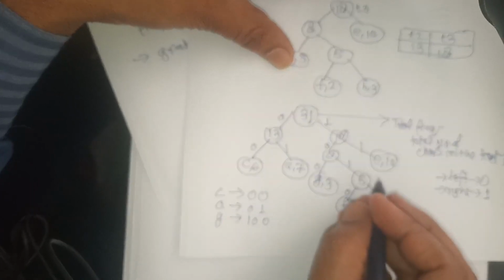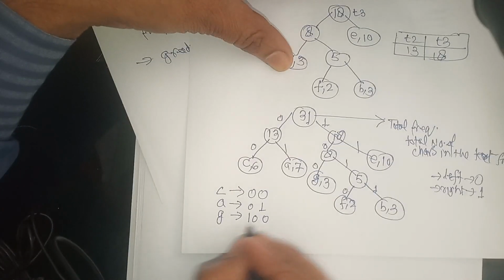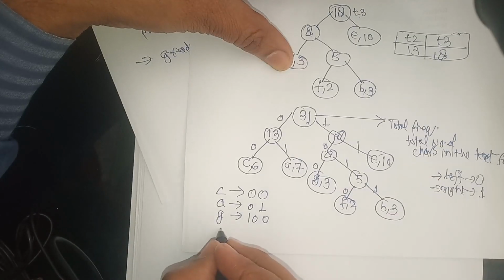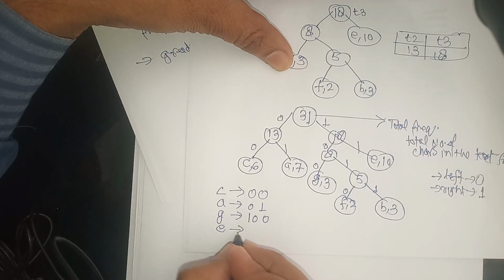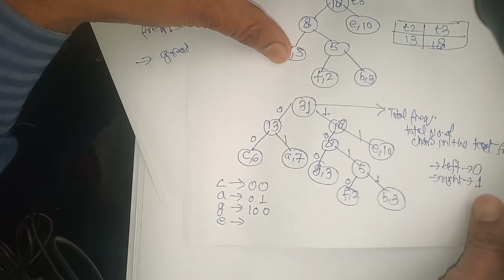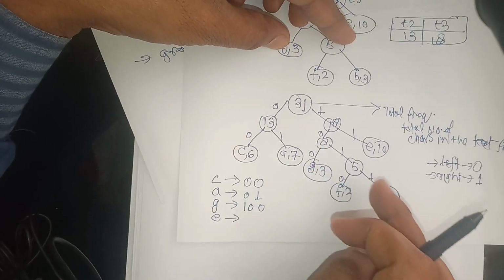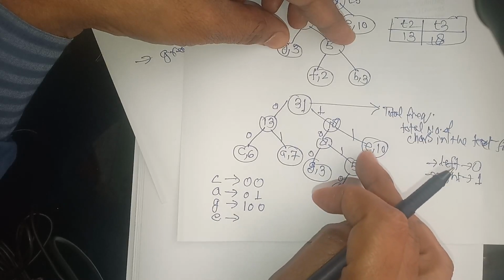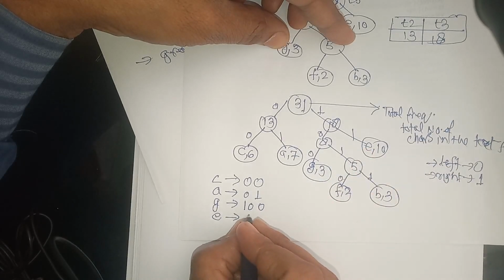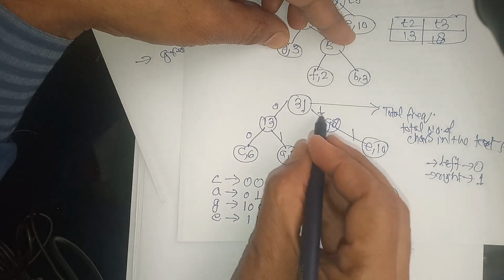After that, we can find out E. In any order we can find out, but we have to find out code for all. So for E it is 1 and 1.